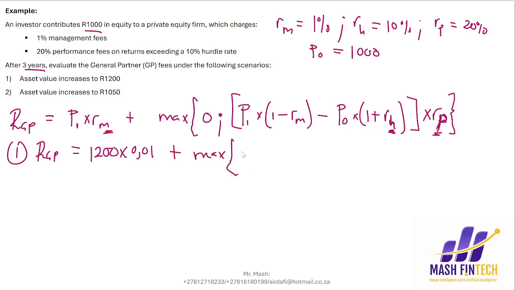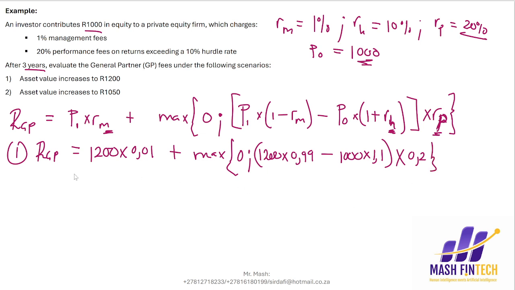Either it's going to be 0 or it's going to be this 1,200 multiplied by 1 minus 1%, 99%, minus the equity, 1,000, multiplied by 1 plus the hurdle rate, 10%, 1.1. The answer you get here, you have to multiply it with the performance fee of 20%.